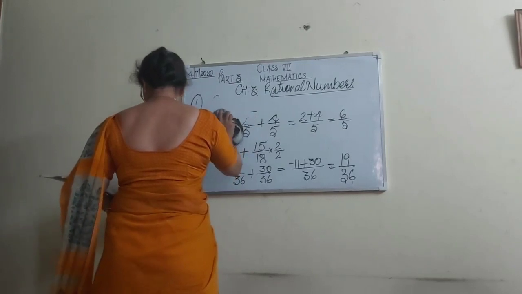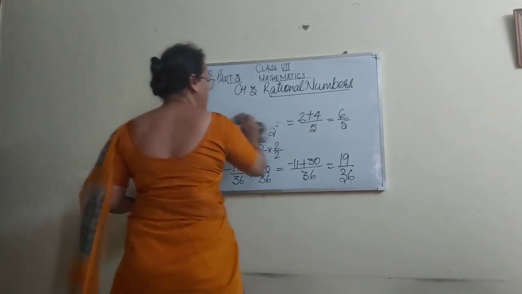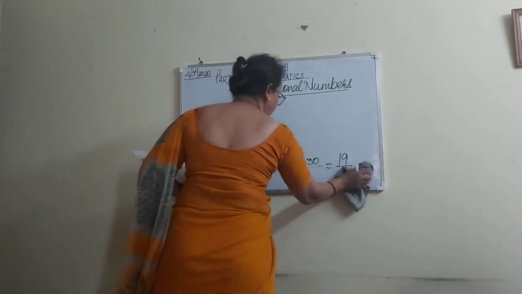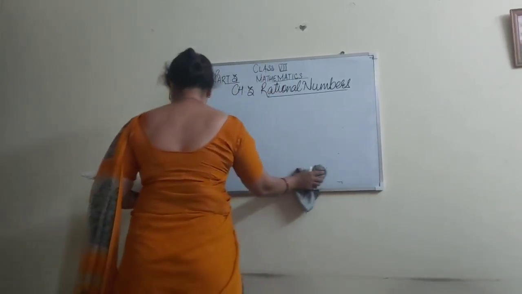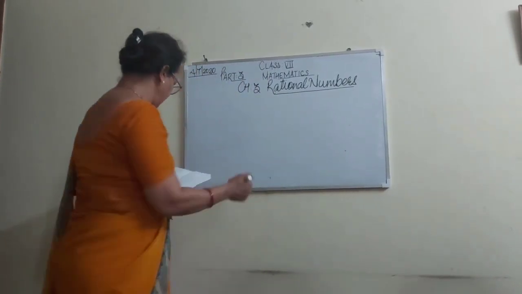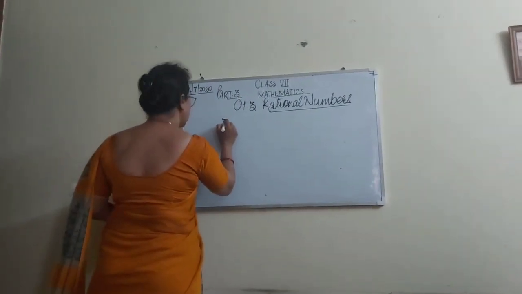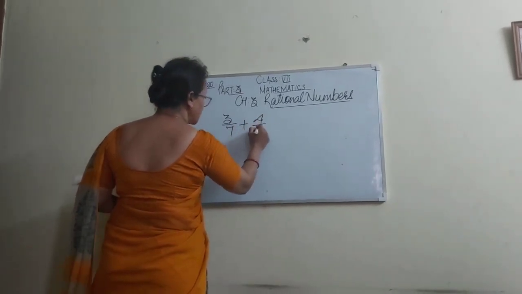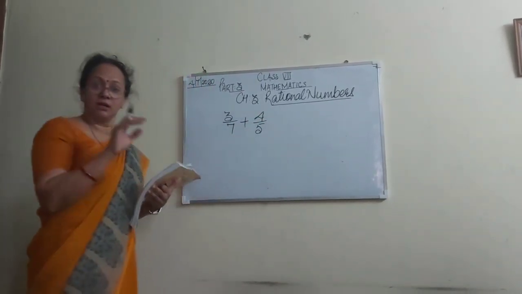Now the next concept is when the denominators are co-prime. Co-prime means the numbers have only 1 as a common factor. Like the example 3 by 7 and 4 by 5, we are adding. So 7 and 5 have no common factor other than 1.